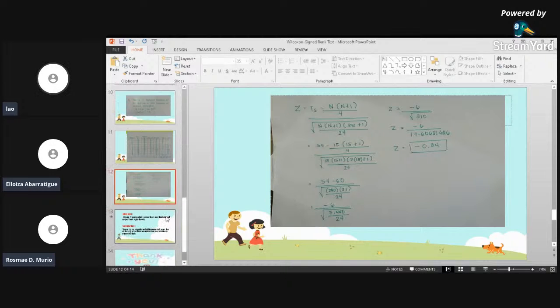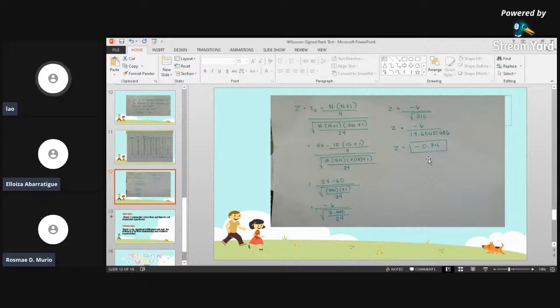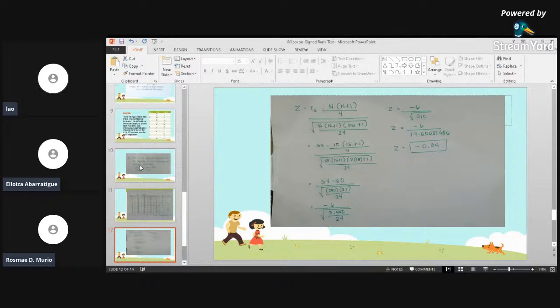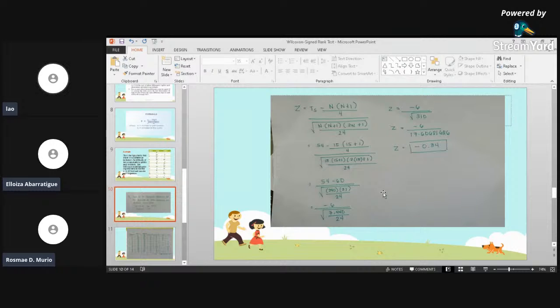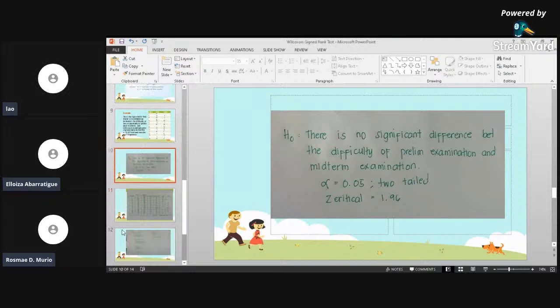Now we're going to proceed to the decision. So what is our Z computed? Once again, our Z computed is negative 0.34. What is our Z critical? It is 1.96.